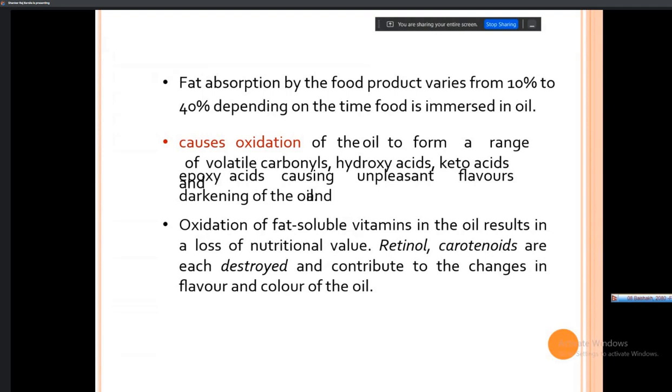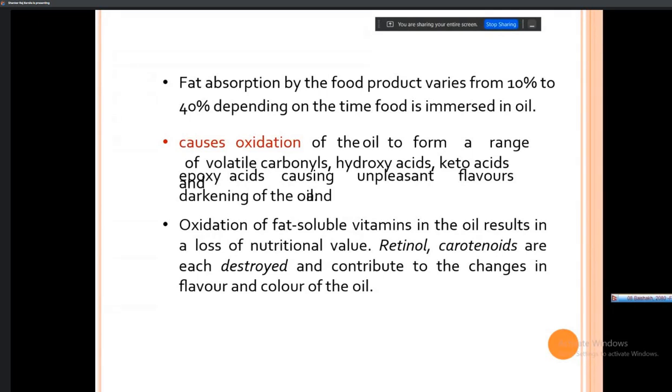When you fry with oil, the fat content of the food is increased. Then it causes oxidation of the oil to form a range of volatile carbonyls, hydroxy acids, keto acids, epoxy acids, causing unpleasant flavors and darkening of the oil. This is another drawback of frying.